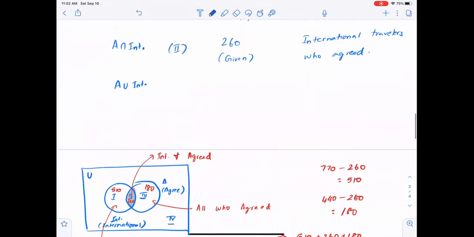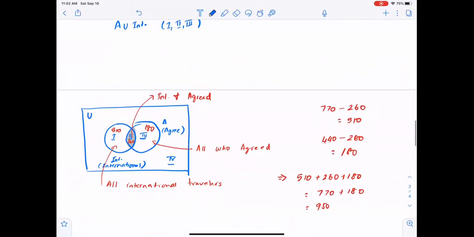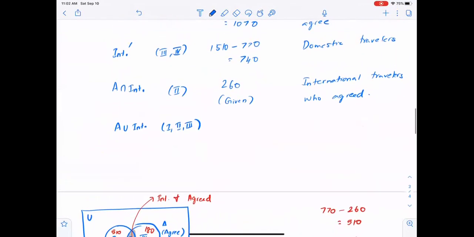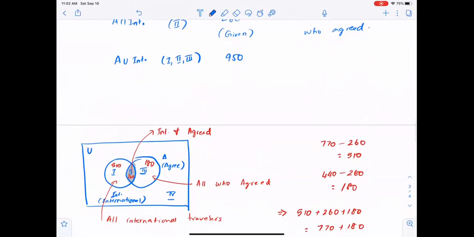So our answer for A union International, the regions would be 1, 2, and 3, and we have 950. What will that correspond to?